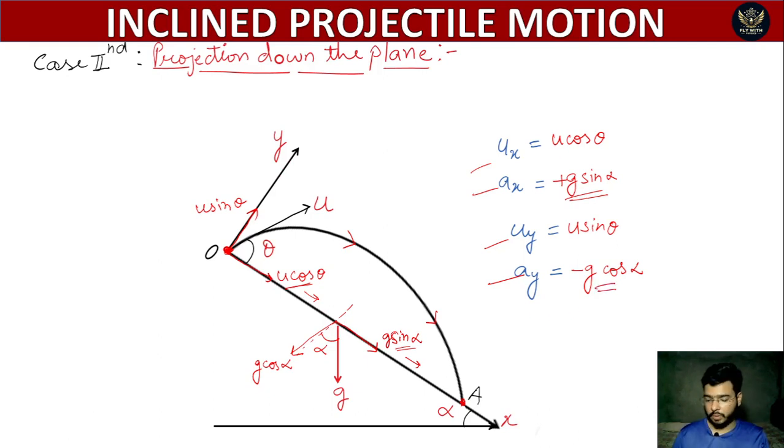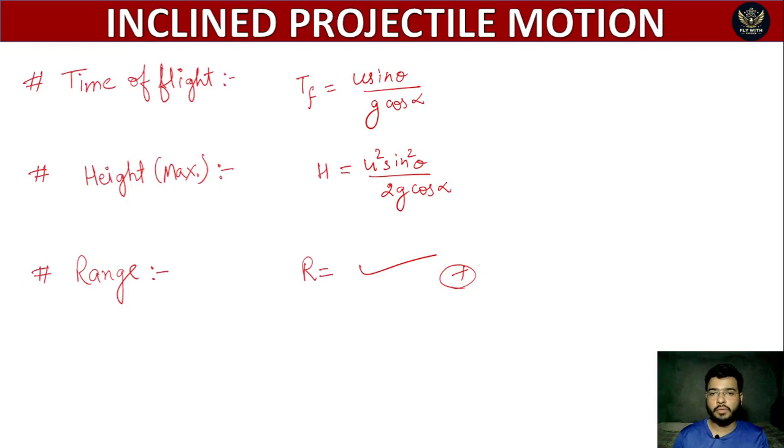So in the case of time of flight and maximum height, there is no change in the formulas, right? Why? Because here the same thing holds. You just use v equals u plus at in the horizontal direction, and no change is there.